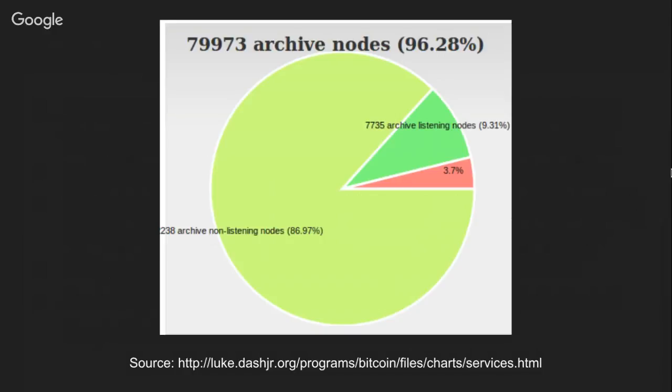This is a screenshot from a program that Bitcoin Core developer Luke Jr. is running. I put a link to it in the source at the bottom of the slide here.